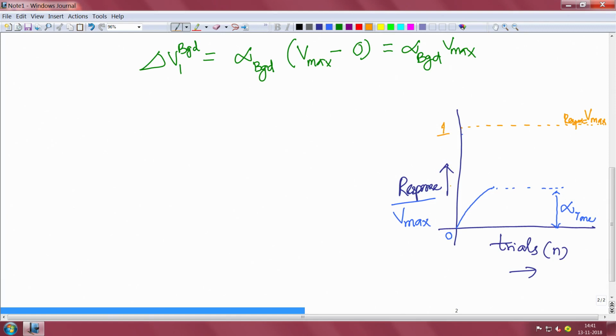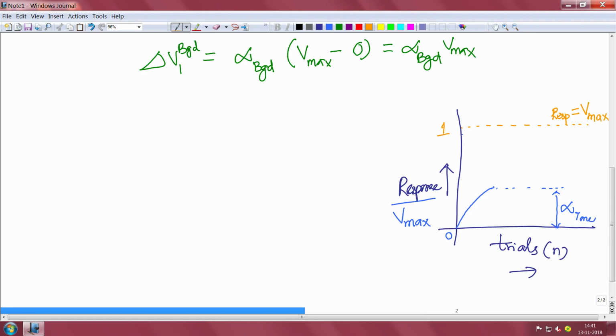So, let me write it down here. This is the line where the behavioral response becomes equal to that of V max.